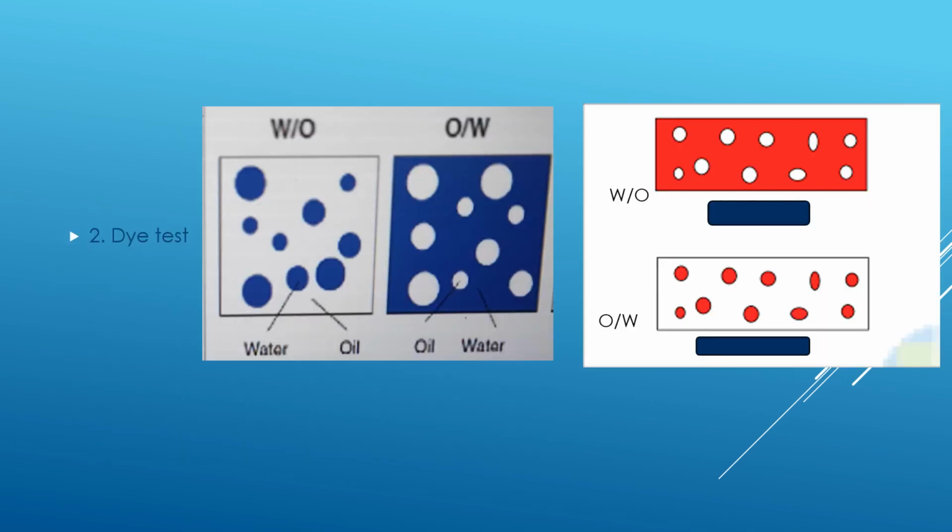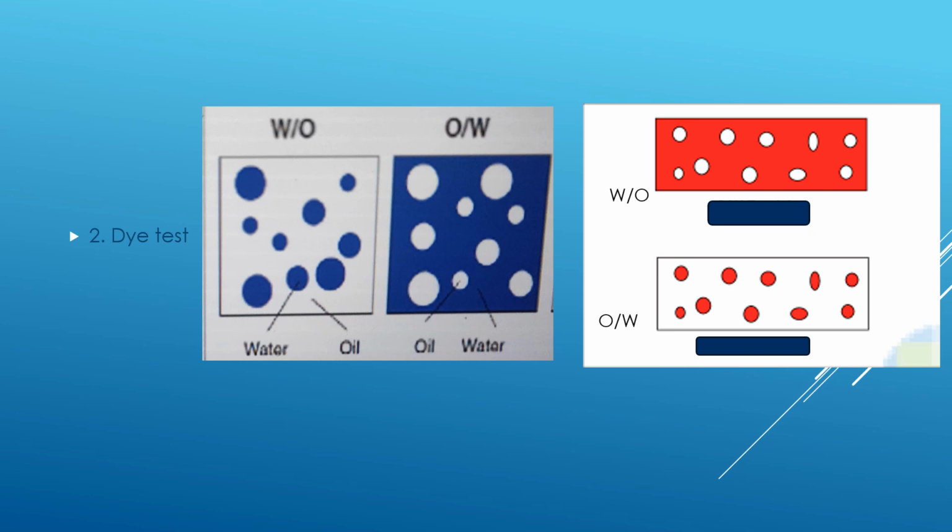Next test is the dye test. You can make use of a water miscible dye, that is methylene blue. This methylene blue is a water soluble dye. You can mix the dye with the emulsion you are provided with, take a drop of the emulsion on a microscope slide, cover with a cover slip and examine under the microscope.